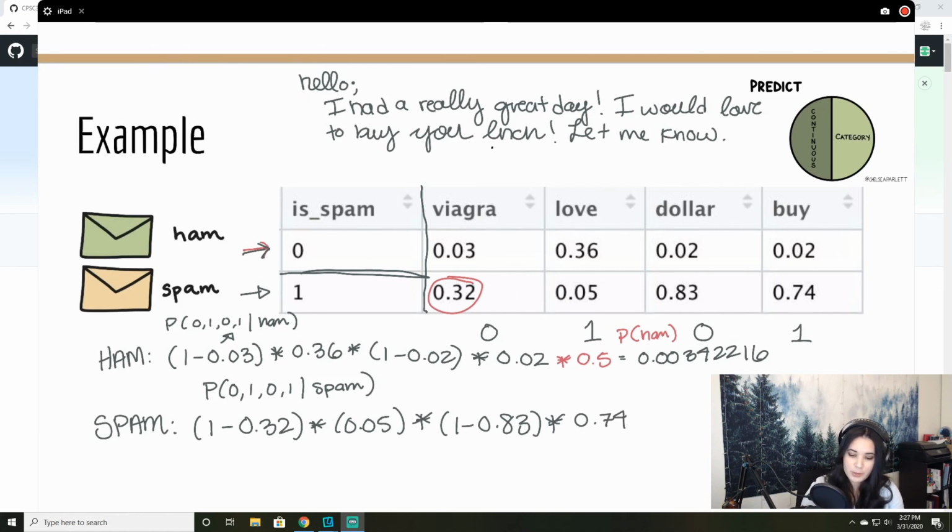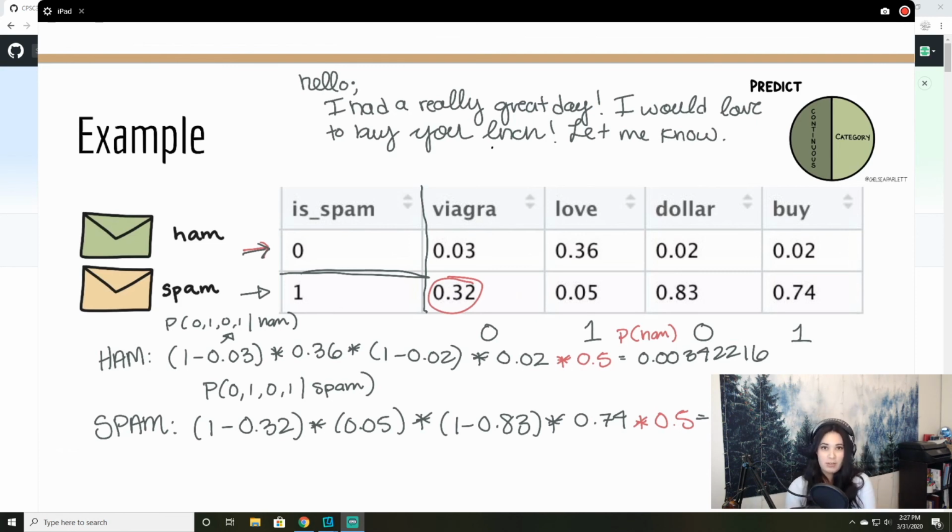And then I'm going to multiply by the probability of being a spam email. And in our data set, that's 50%. So times 0.5. And once we do all the multiplication, this is equal to 0.0021386. Again, more decimal places than we need, but there you go.